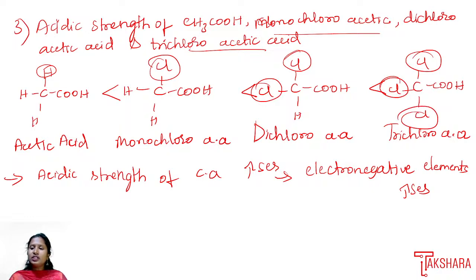So in trichloroacetic acid we have more number of electronegative elements, so that it has high acidic strength, and the carboxylate ion is going to stabilize in a strong way.